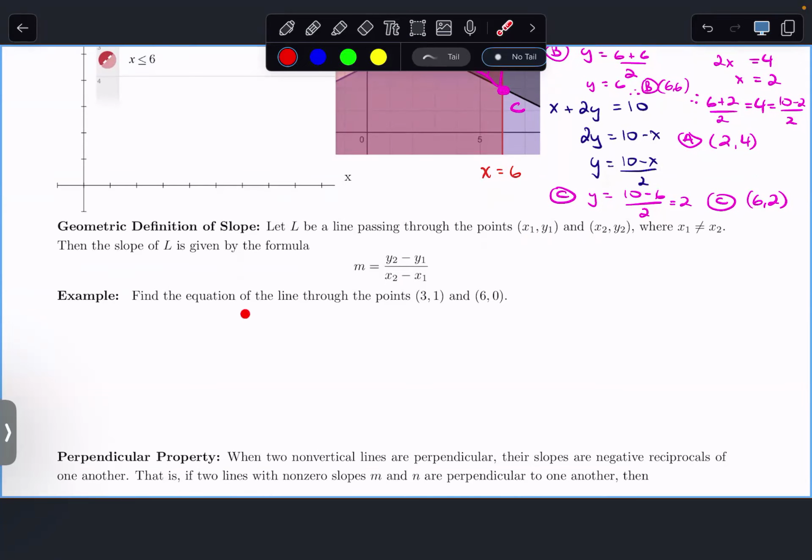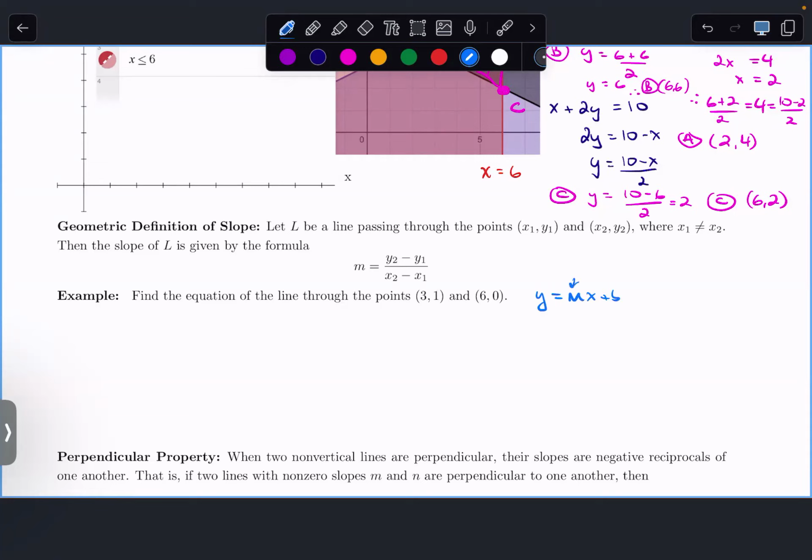And so if we have to find the equation of the line through these points, 3, 1, and 6, 0, what's the first thing we're going to have to do? We have to find the slope. That's a good place to start. And then, let's remember what we're looking for is y equals mx plus b.